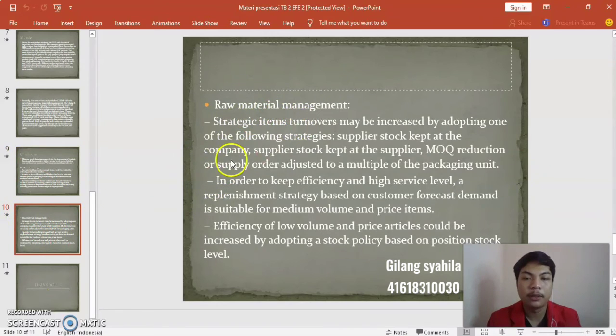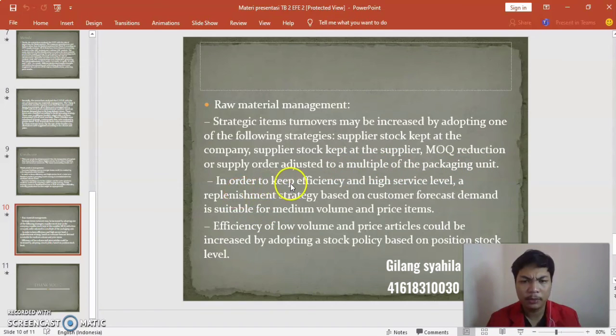Raw material management. Strategic item turnovers might be increased by adoption of one of the following strategies: supplier stock kept at the company, supplier stock kept at the supplier, MOQ reduction or supplier order adjusted to a multiple of the packing unit.